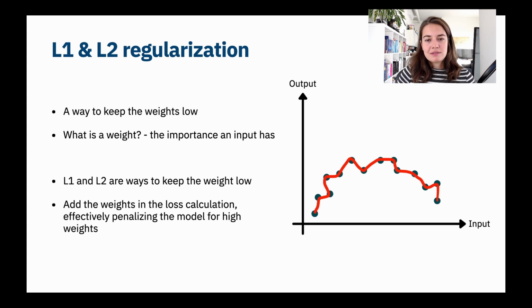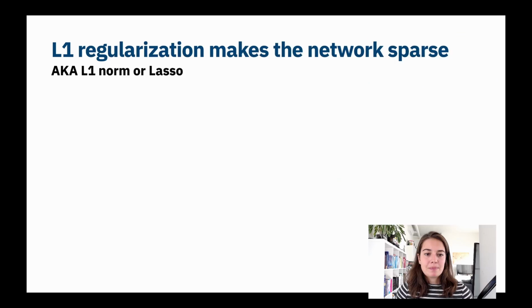They do it in two different ways, but basically we are trying to penalize the network for the higher weights that it has. So the higher the weights, the more penalized it would be. So in the end, it will be in the model's favor to keep the weights low so that it will not be penalized.